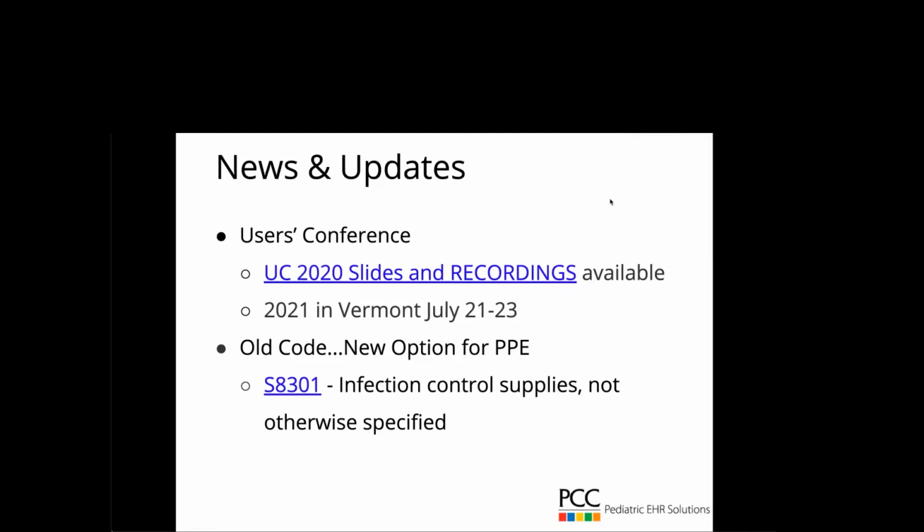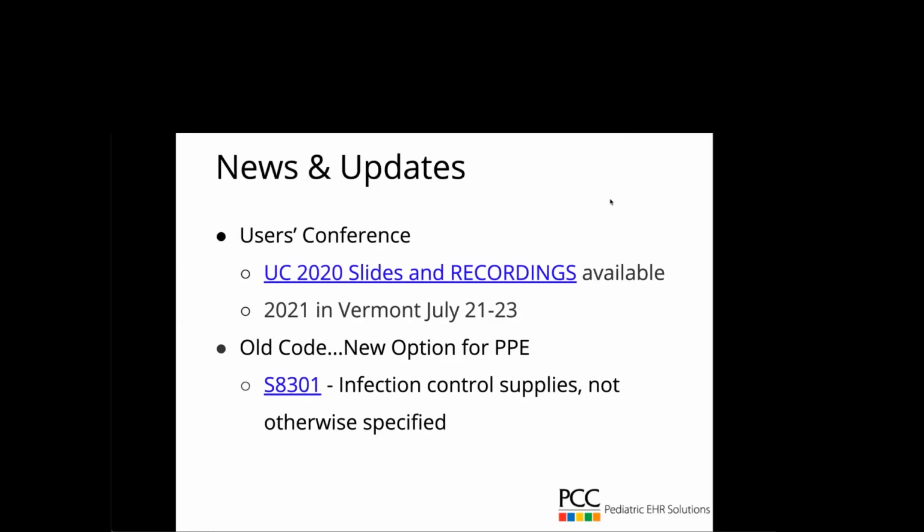So if you think back to UC and earlier, we were recommending that 99070 be something that folks try billing for, to get payment for the new and unexpected expensive PPE supplies, your gowns, your booties, your face masks, all the things that you now have to use in light of COVID, where you didn't have to before. This is new expenses. So we were hopeful that carriers would accept this new use of 99070.